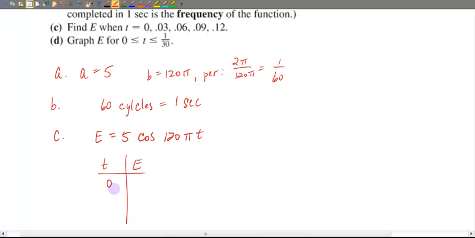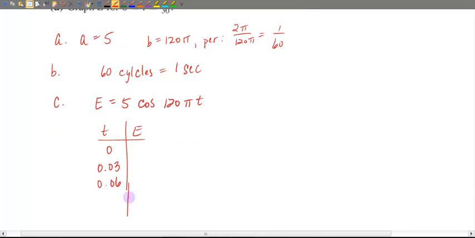If I let t be 0, 0.03, 0.06, 0.09, and 0.12, then I'm going to just plug these values in for t and get the corresponding values for e, and I'm going to record those on the side right here. So all I did was let my calculator give me back the values when I plugged in these numbers for t, and this is what I came up with for when t was these numbers, e was this.